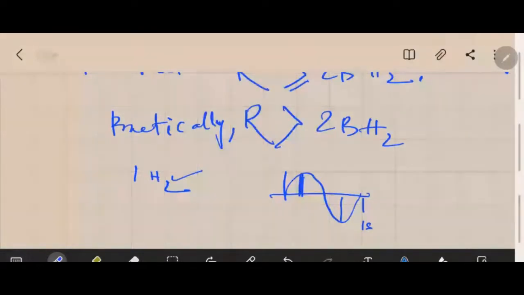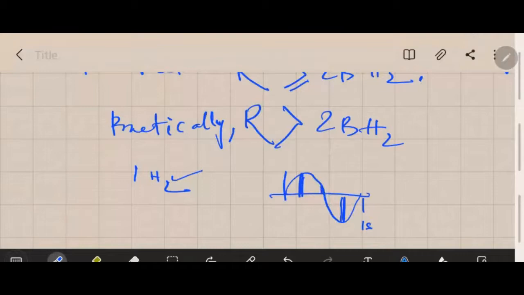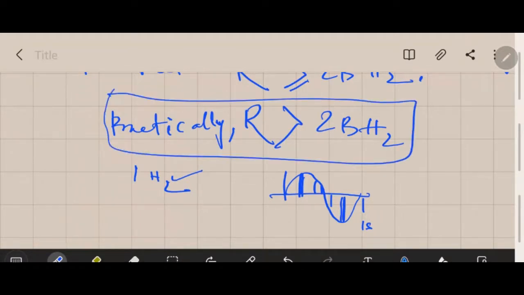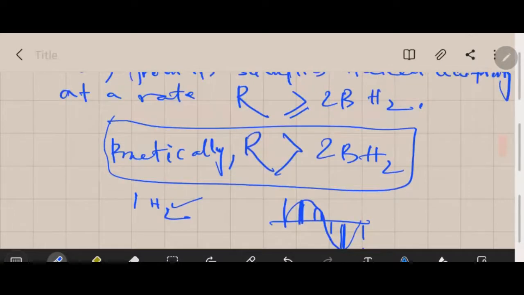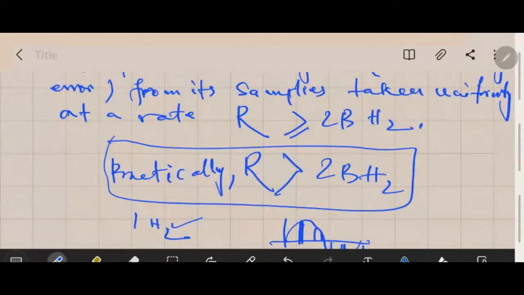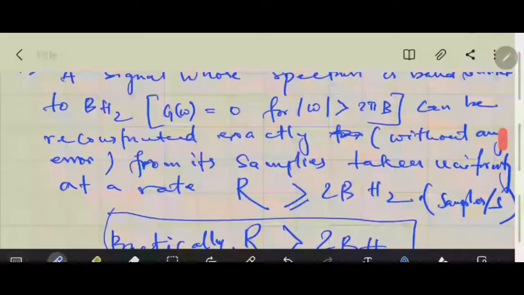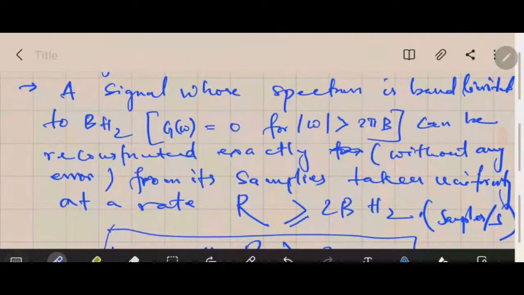Under theoretical conditions you should take two samples, and in practical conditions greater than two, that means three samples, four, five or something like that. So the rate of samples should be greater than 2B hertz practically. Then only the signal can be reproduced from these samples. It should be taken at a rate capital R, and the unit will be samples per second. Is this sampling theorem clear, or any doubt here? Yes, sir. Once this is clear, we can proceed to the next part.